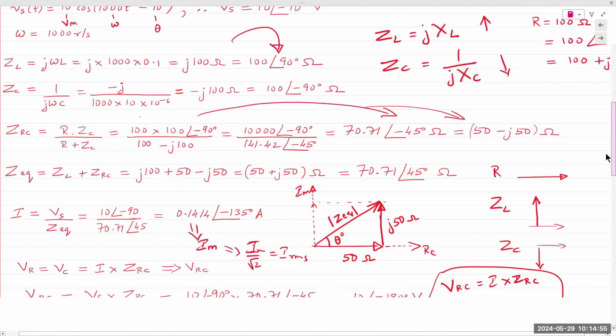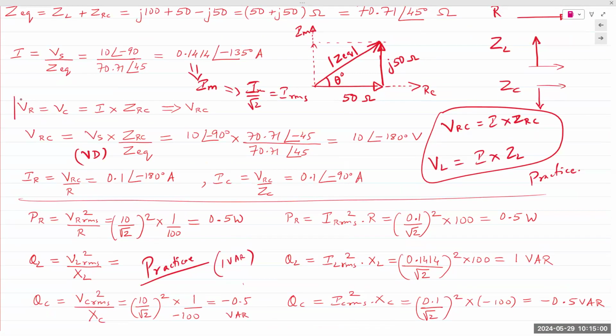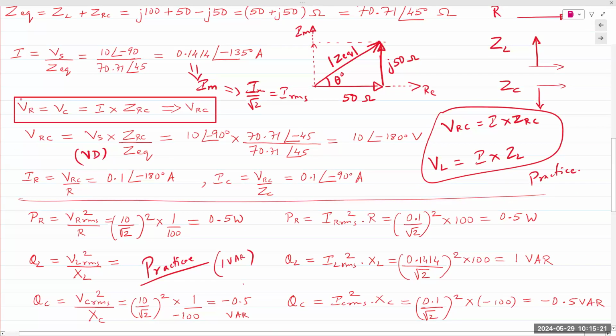So we have total current I, and from total current I, we can find the voltage across that resistor capacitor combination by applying Ohm's law, I times ZRC, or you can apply voltage division and find it that way, which is what I've done here. Apply voltage division and find it that way.